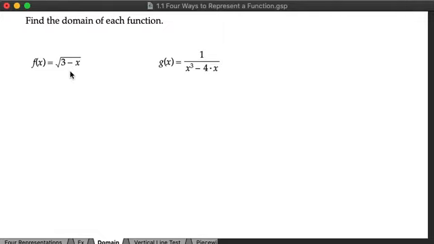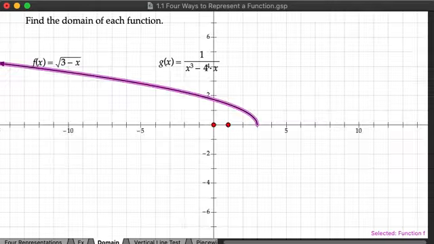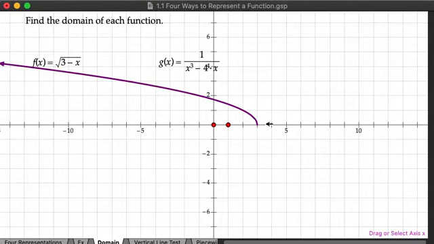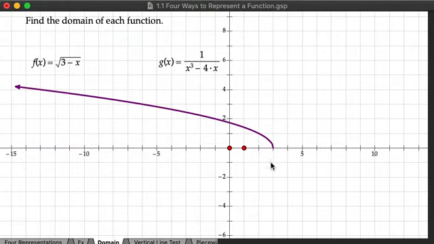So x has to be less than or equal to 3. And if I graph this function, then we can see that domain reflected here, that the x coordinates, all of the input values, have to be less than or equal to 3. Okay, so we see this function exists basically to the left of 3 and including 3.